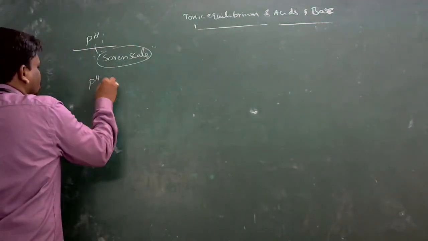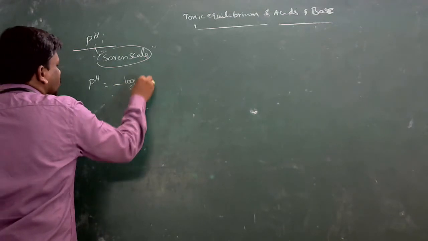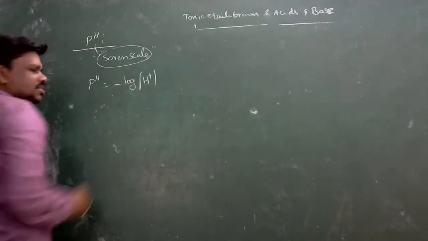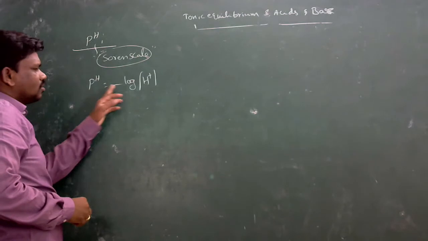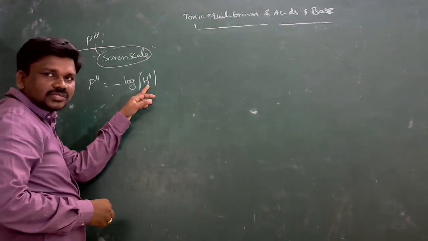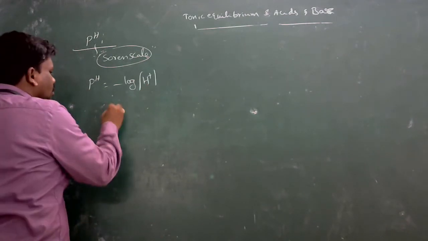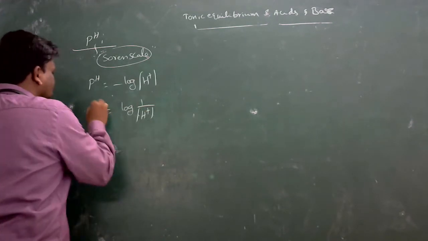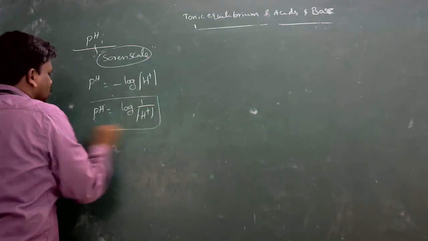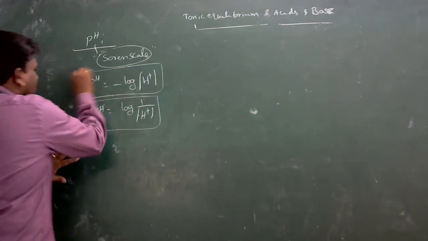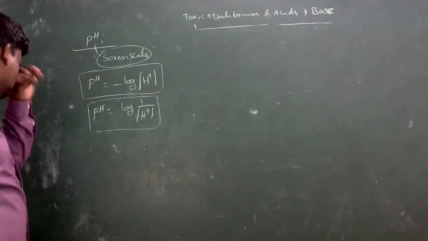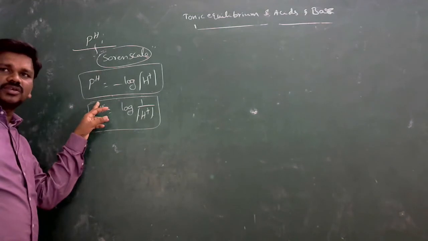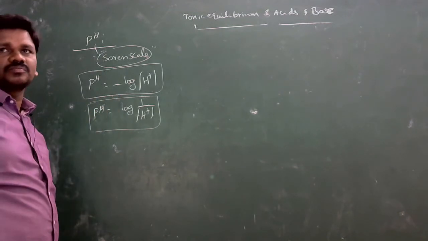That means pH is equal to minus log of H plus ion concentration, or log of 1 by H plus ion concentration, or another formula. Very important formula: pH equals minus log H plus.